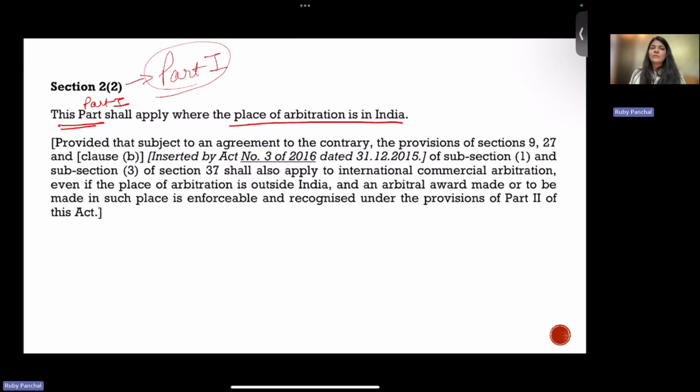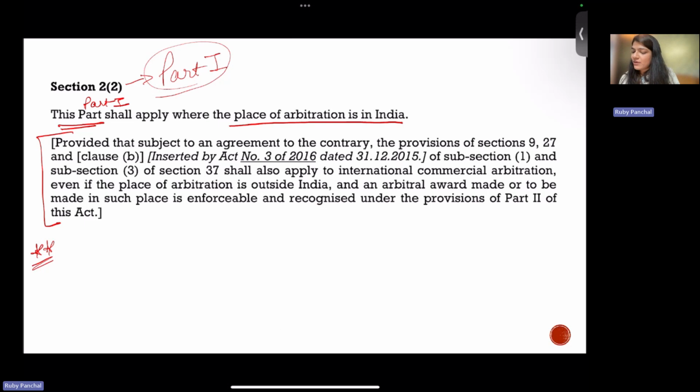We have already established this. Now the proviso. An interesting note is that this proviso was added in the 2015 amendment to dilute the effect of Balco's ratio, so we'll perhaps discuss it in another video. Now what does this proviso say?